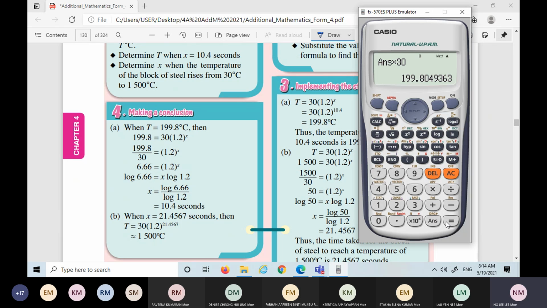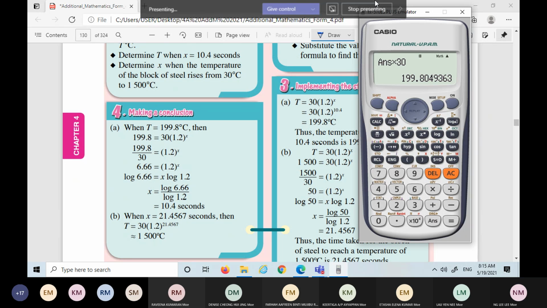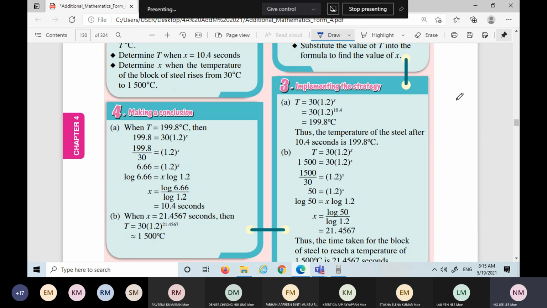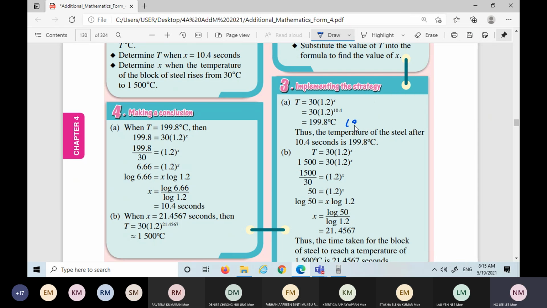So this is the answer. Same thing, this is 4 significant figures, but I want minimum 2 decimal places. So this one should be 199.80, 2 decimal places.